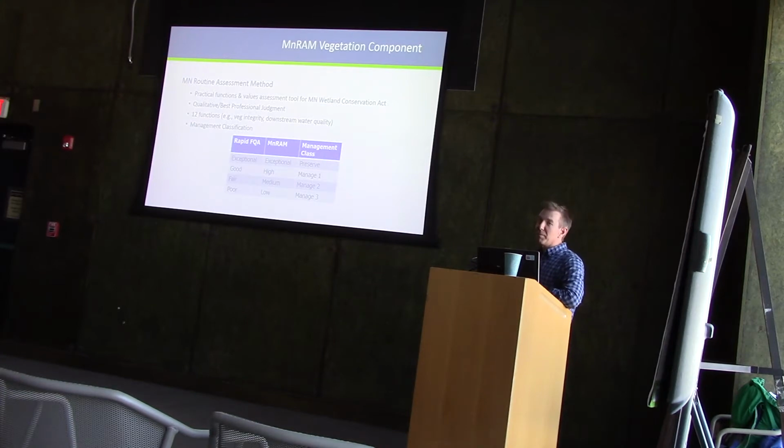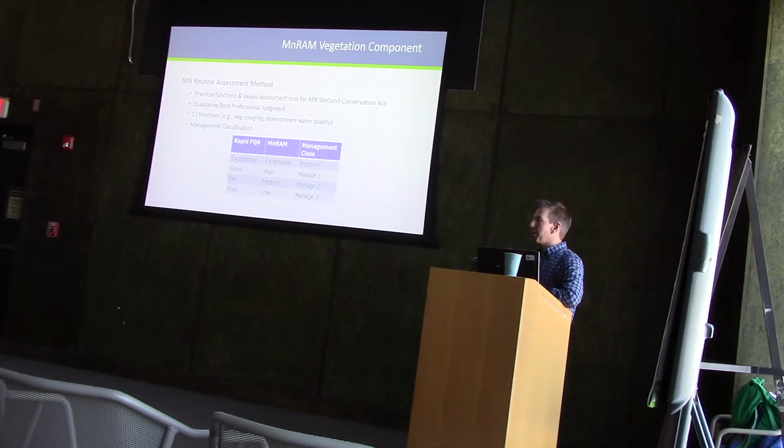What about MinRam? You guys might have to do MinRams every once in a while. You all know it's qualitative, blah, blah, blah, it has the 12 different functions. Well, our 4 categories match up very well with the definition for the MinRam 4 categories. When we developed this, we developed it in a group setting.